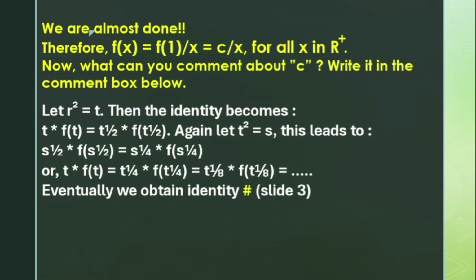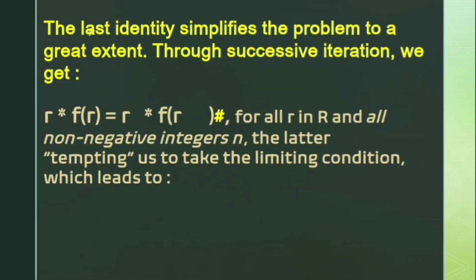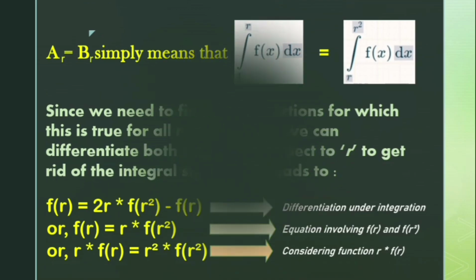Here it is. We'll substitute r square equals t, and where will we substitute? We'll substitute in the very first slide we have seen here: r times f(r) equals r square times f(r square). This is the turning point of the problem. This almost gives away the problem.